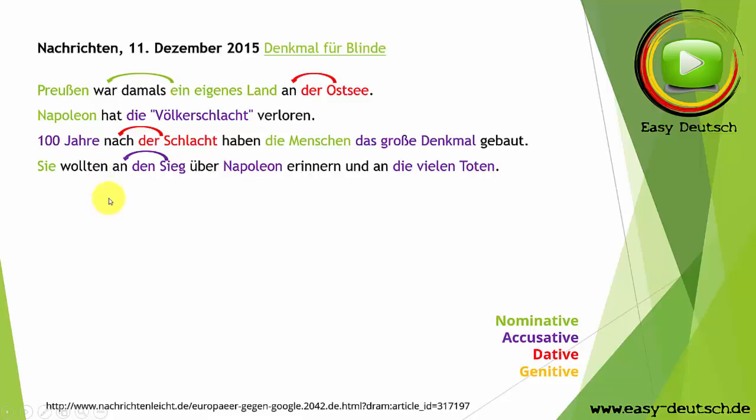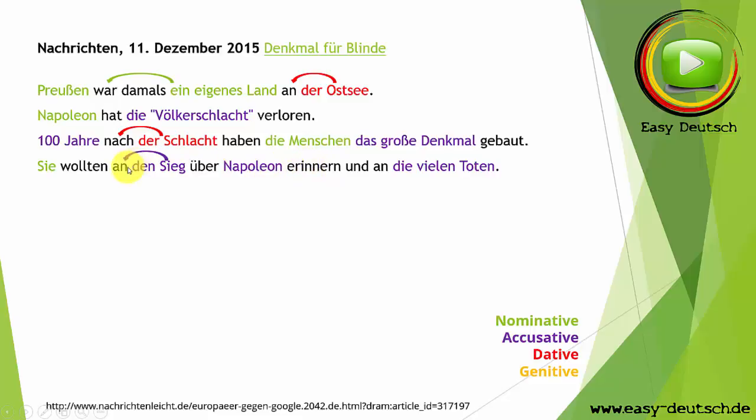The preposition an, if it's not local, like in this case, is a little bit special. It highly depends on the verb, which case it gets. But if you have no clue, go with the accusative case. Your chances are higher with accusative case.